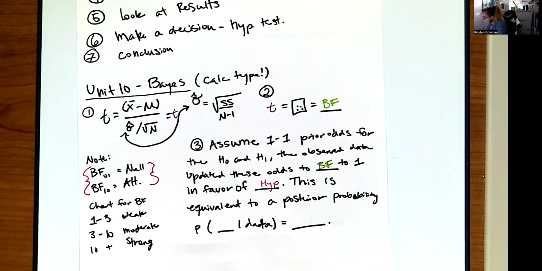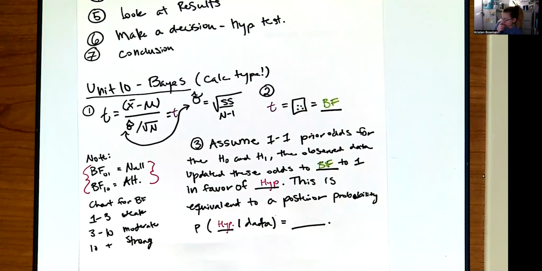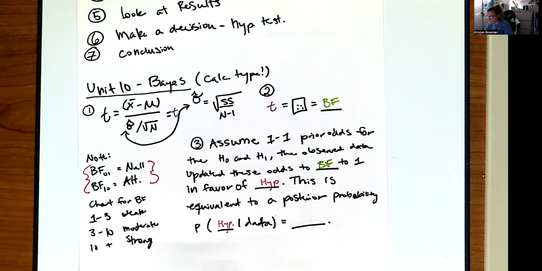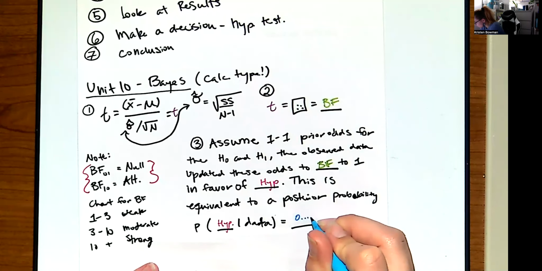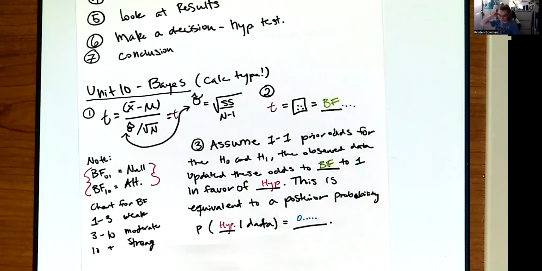So I'm also going to write hype here because this is where you denote which hypothesis it is, right? So the probability of the hypothesis, so the null or the alternative, given the data equals a posterior probability of blank. Now this is probably going to be 0.0 something. This also is going to come from the calculator. That's at the very bottom. And you pick whichever one you're supporting. So your alternative or your null.